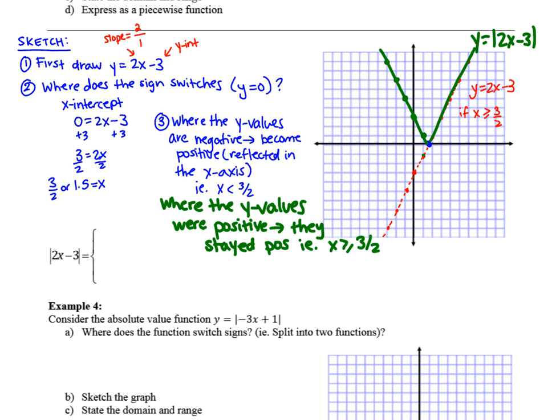On this side, if x is less than 3/2, what would you have to do with your equation? If 2x minus 3 is negative, you'd have to multiply it by negative 1. So that would be the equation negative (2x minus 3). If I distribute the negative, it becomes negative 2x plus 3, right? Distributive property.